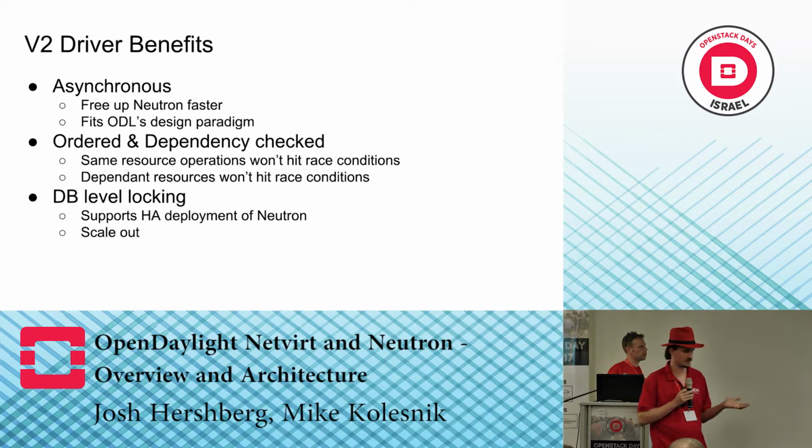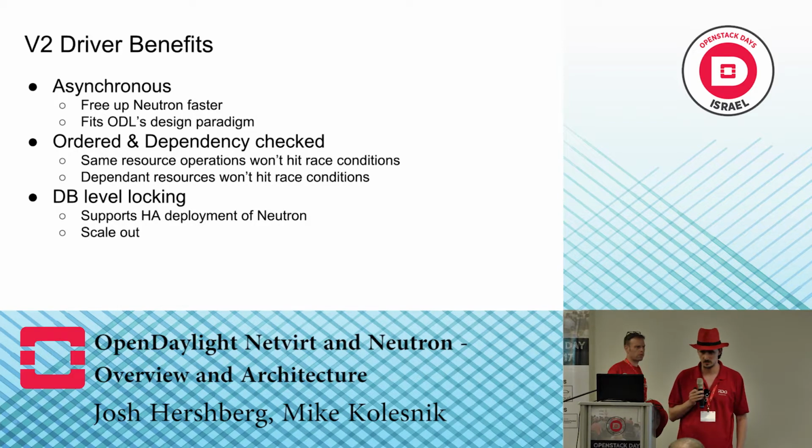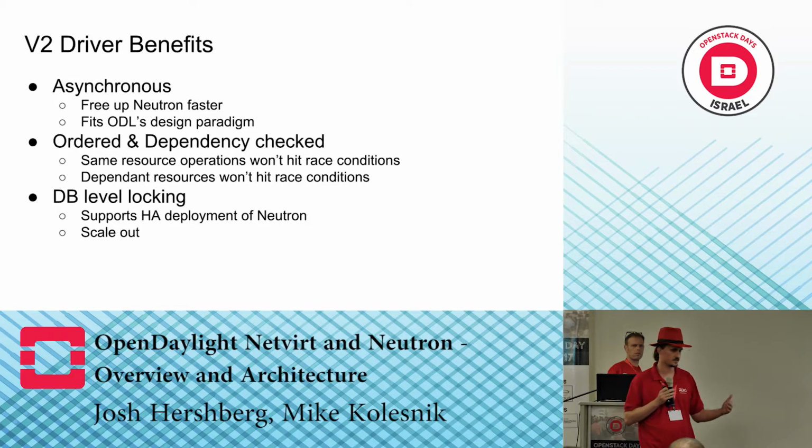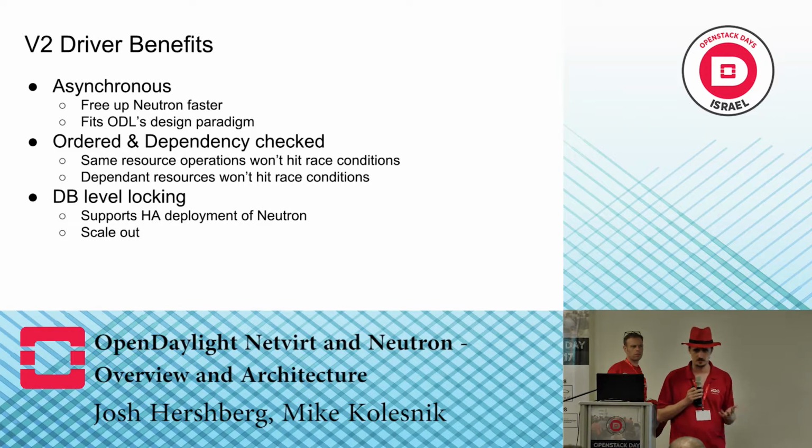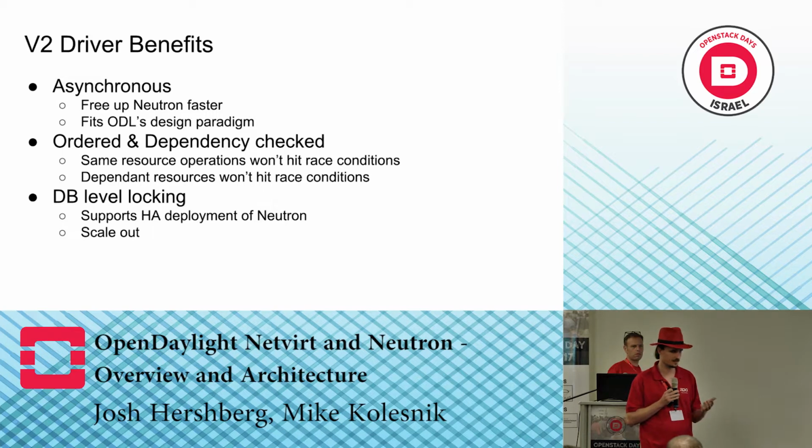And what it's mostly allowed us to do is introduce order and dependency checking. So if you have operations on the same resource, let's say create port, then update port, another update port and then delete port, they would happen in the correct order. So you don't have two conflicting updates that are racy or anything like that.